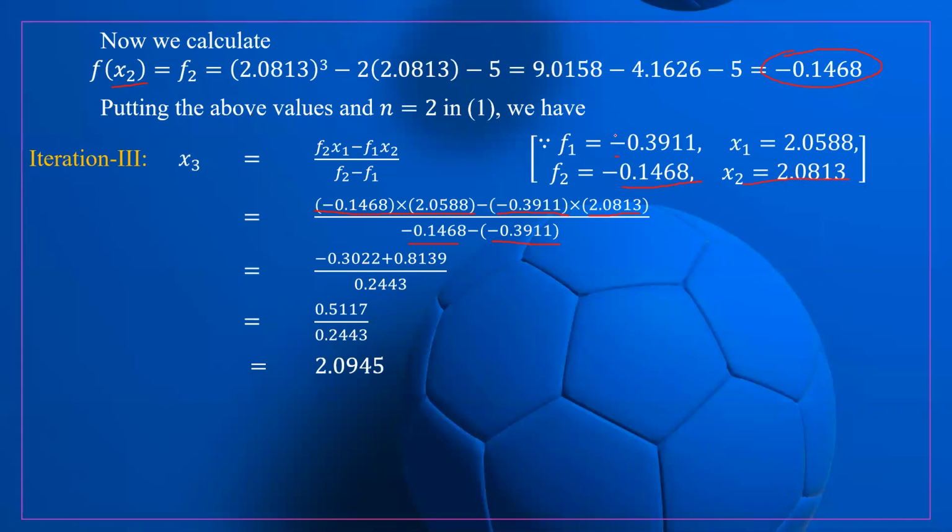But I think f1 should be 16, and x1 is equal to 3, correct? Because if we get this value then it is possible: for f of x2 the value is negative, and for f of x3 the value is positive, so the root will lie between x2 and x3. So this step is not correct.